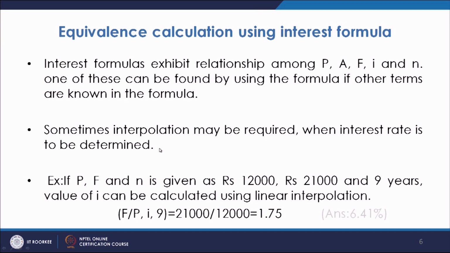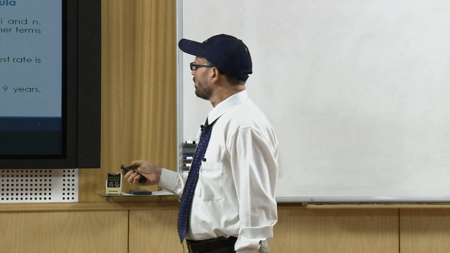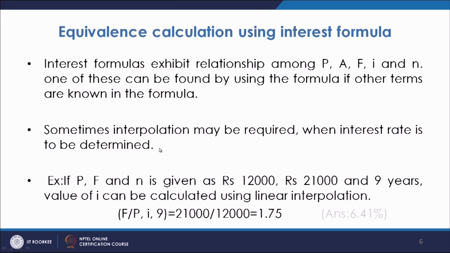Let us see an example of this. A problem is given where P, F and N are 12,000, 21,000 and 9 years, and you have to find the equivalent interest rate. Basically, this will be the interest rate which will convert 12,000 rupees into 21,000 rupees after 9 years.